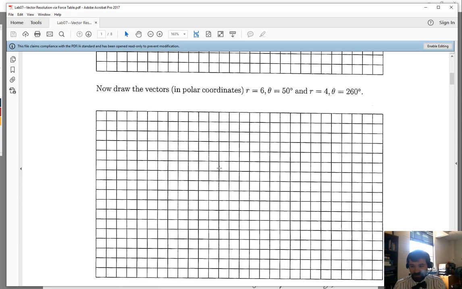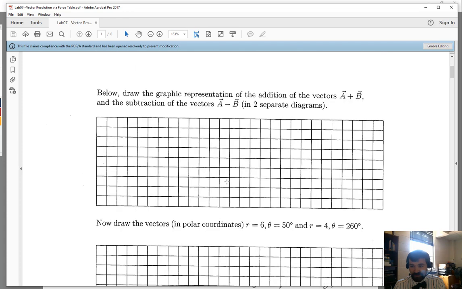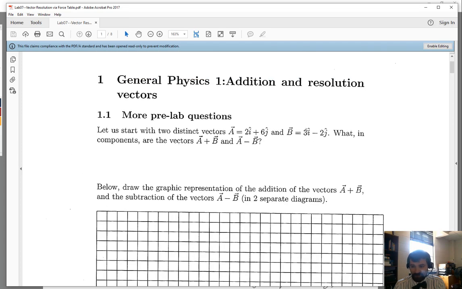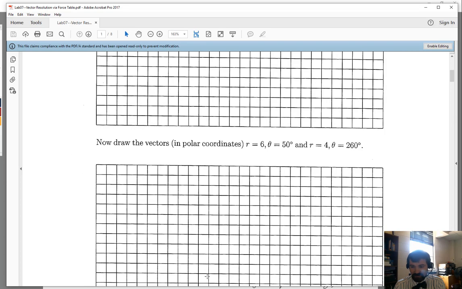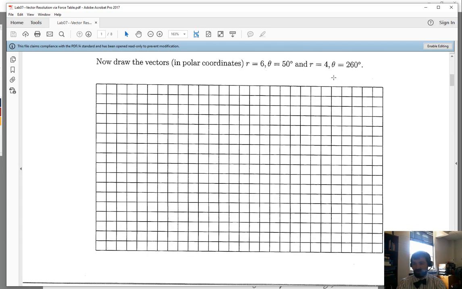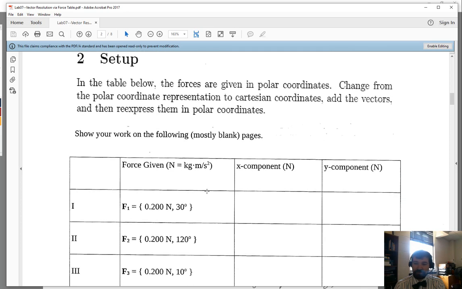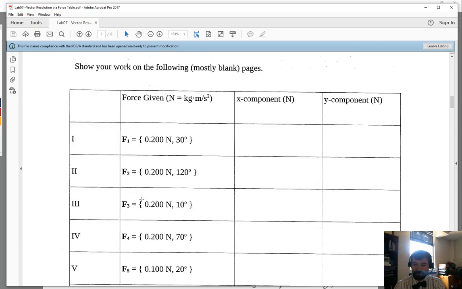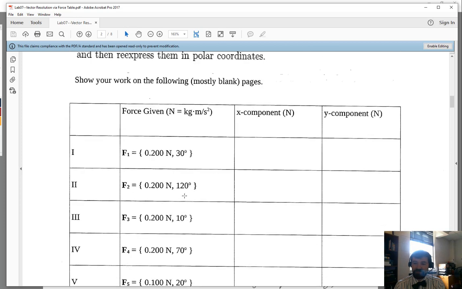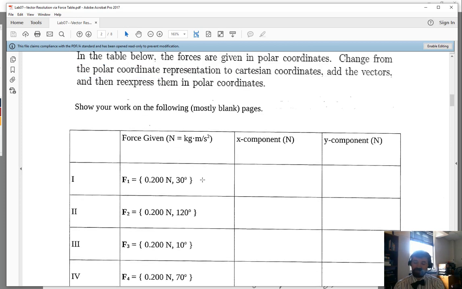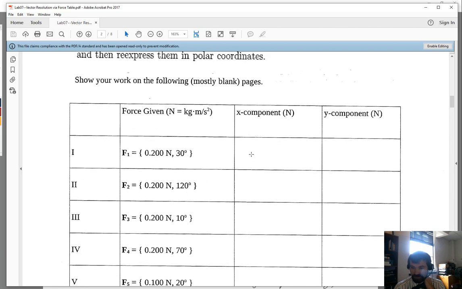So you're doing similar to what I started off doing, which is adding some simple vectors, drawing them in this form, etc. Then your next thing is that you are given a set of forces that you're going to be adding together to find the resultant. And so the first step to do it algebraically is to break each one of these into an x component and a y component.